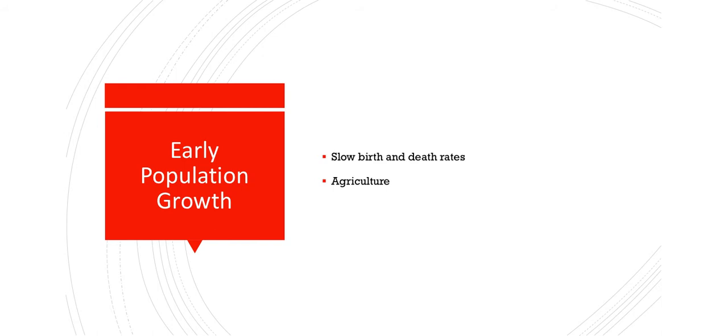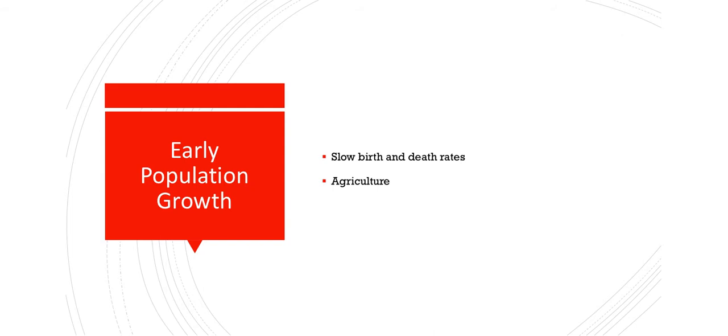And so there's a few reasons for this. One of those reasons is the high birth and death rate. At the beginning of our population, children didn't make it past infancy. They were born and then they didn't make it due to diseases, due to predation, anything like that. Same with adults.